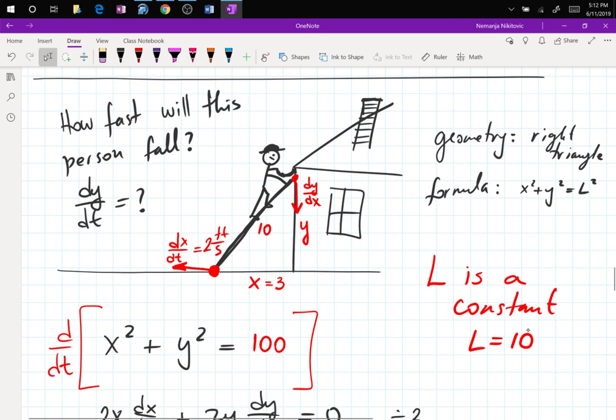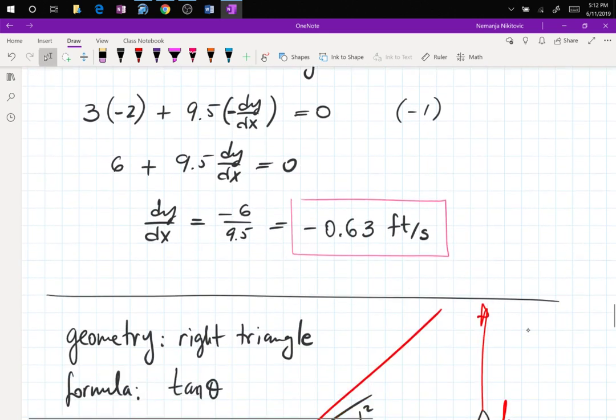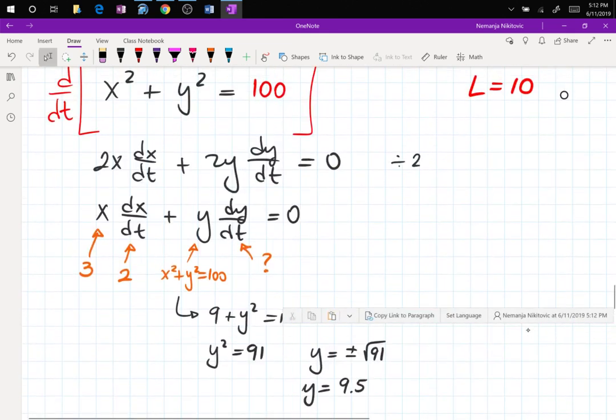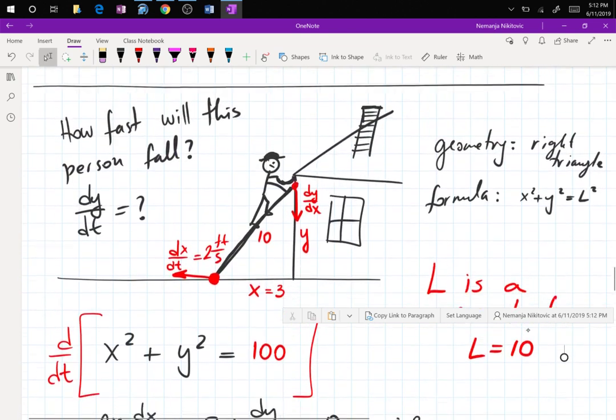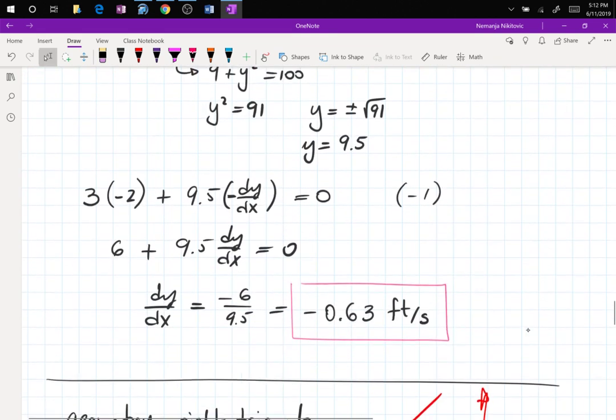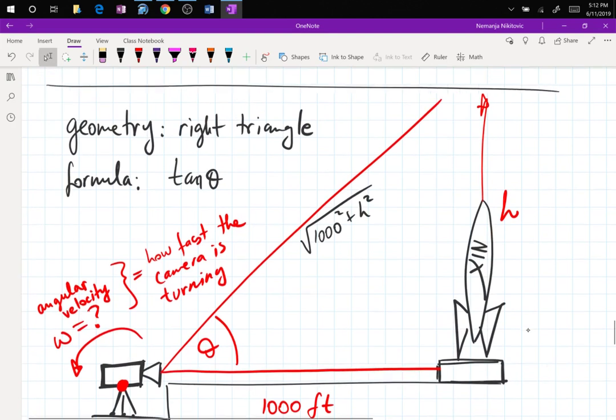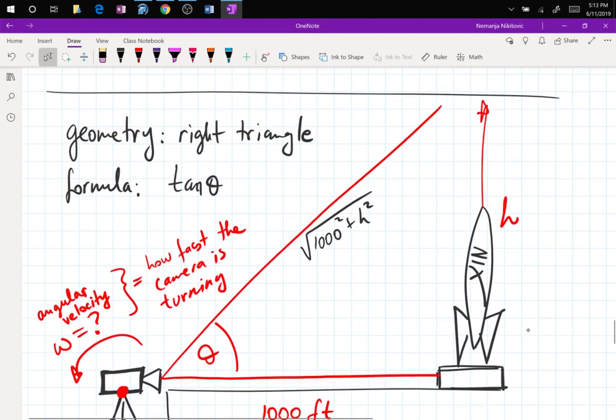So the problem worked out a little bit differently. And now we again have a right triangle problem, but this time it's a trigonometry problem because there was an angle involved, and we were interested in how fast the angle is changing, which is our omega.